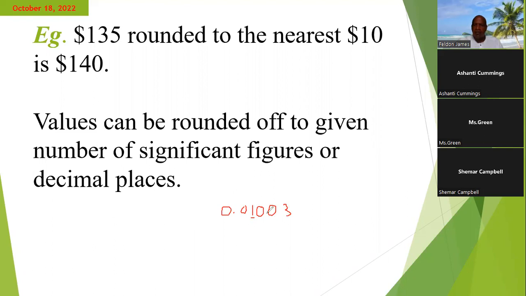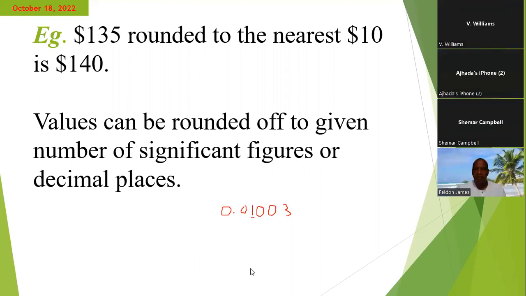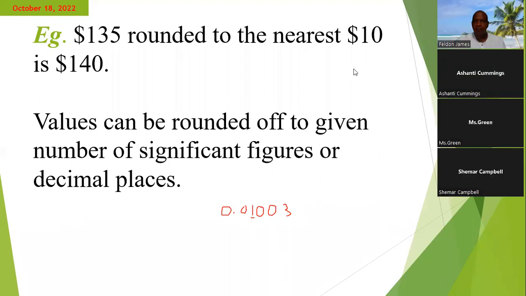And even if zeros come in the mix, those zeros are going to be significant just the same. Is that clear to everybody? Raise your hand if you're following what I'm saying. Okay, great. So everybody should be on the same page.